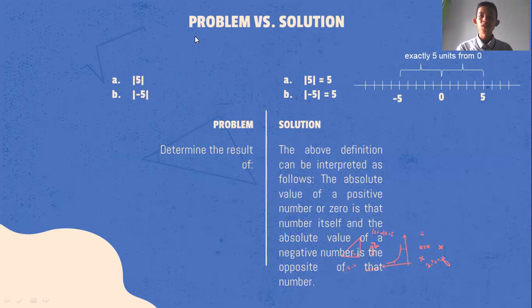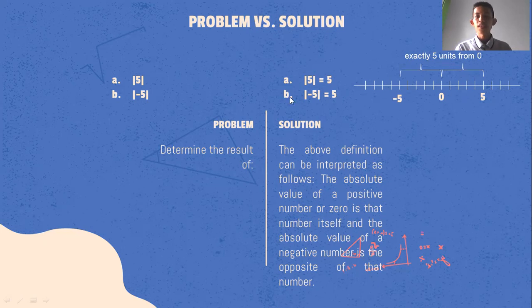Problem versus solution. Problem: determine the result of A, |5|, and B, |-5|. Solution: for A, |5| = 5 because 5 is exactly 5 units from 0.